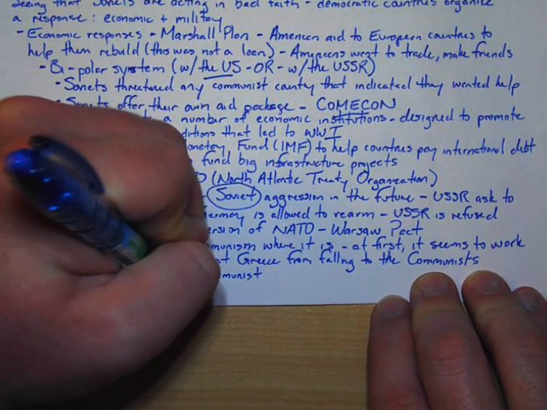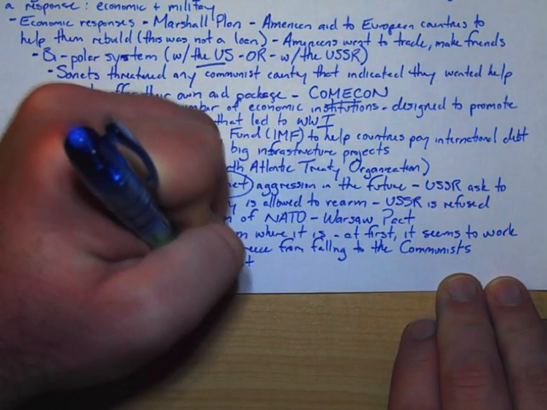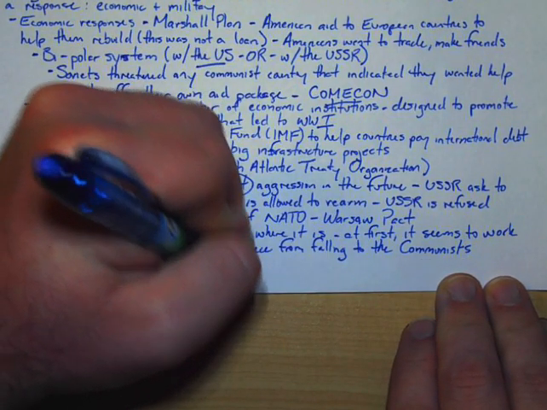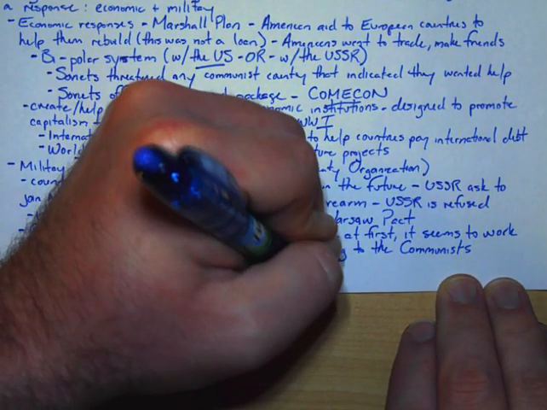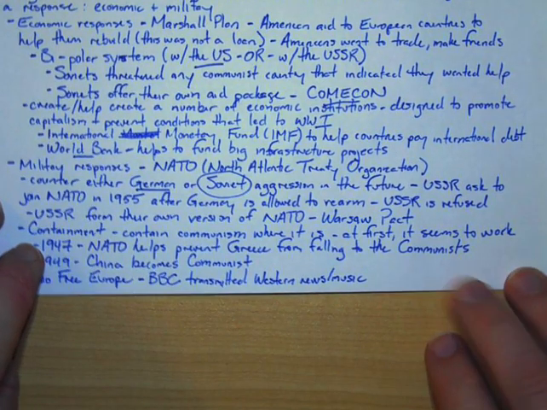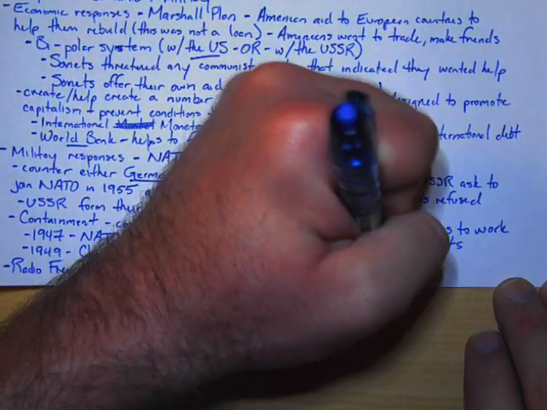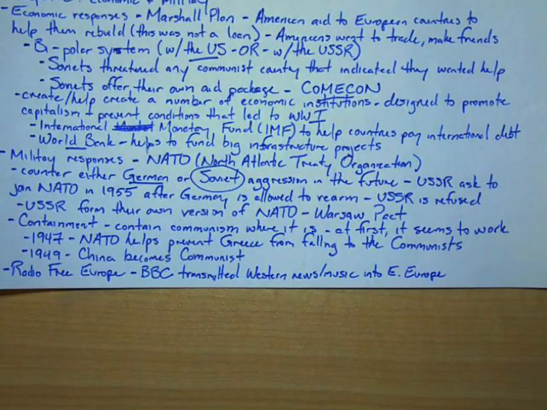So the BBC, the British Broadcasting Corporation, transmitted Western news and music into Eastern Europe to try to prod the people to peacefully resist.